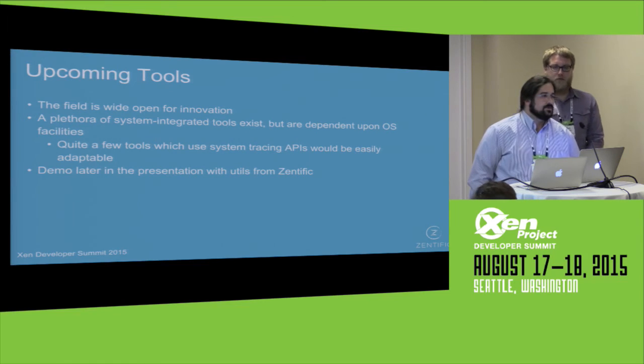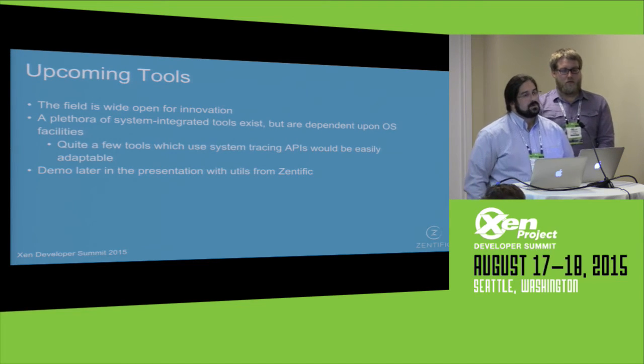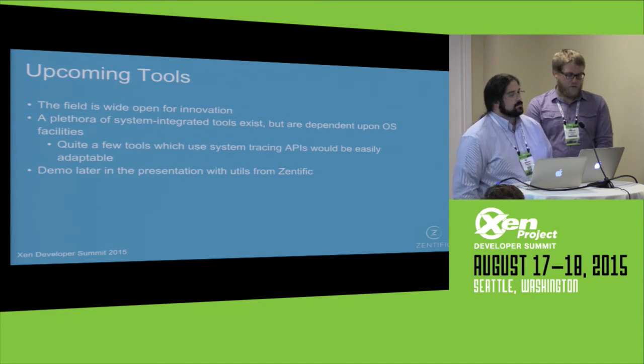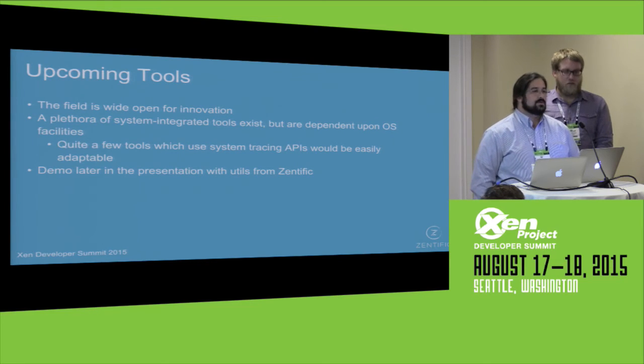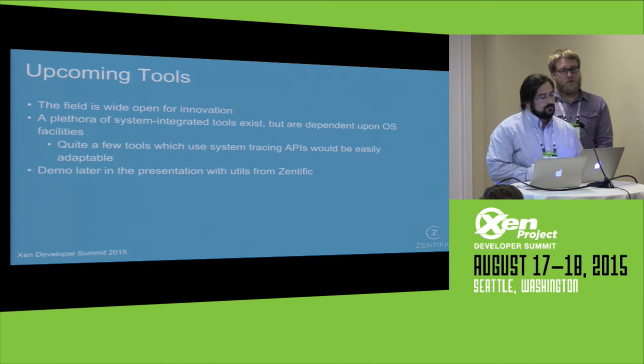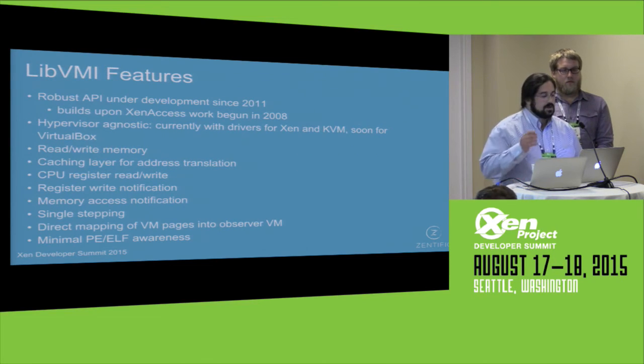System administrators don't feel the need to use them. Recall is an interesting one. Google uses it across their infrastructure to acquire memory images and apply them through their own rules. But again, it's more of a point-in-time analysis. It's not necessarily live.